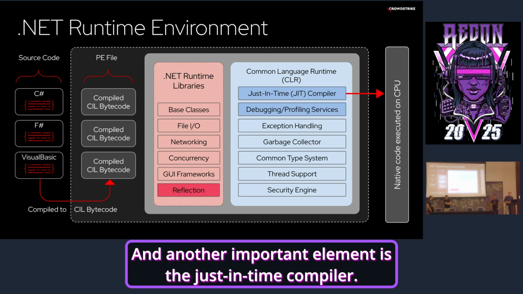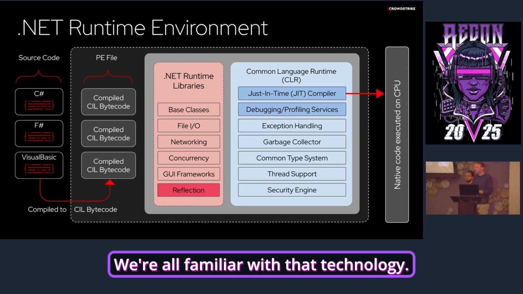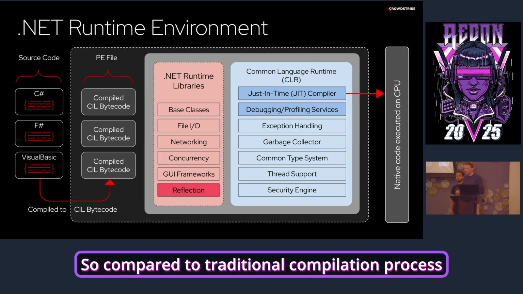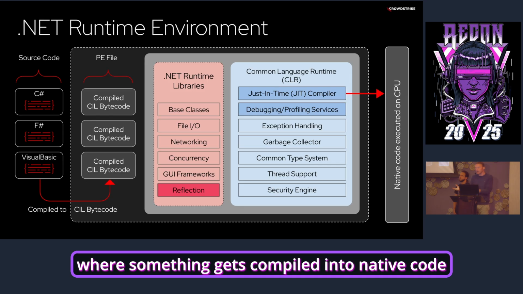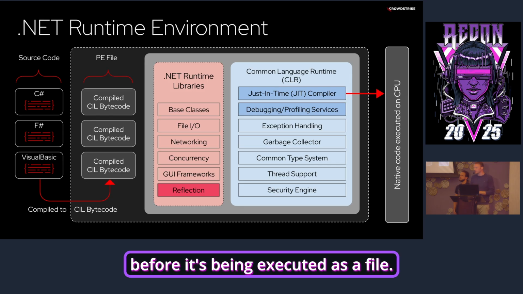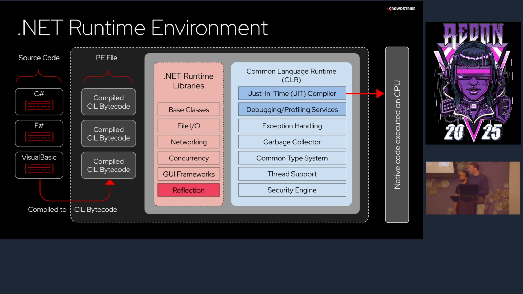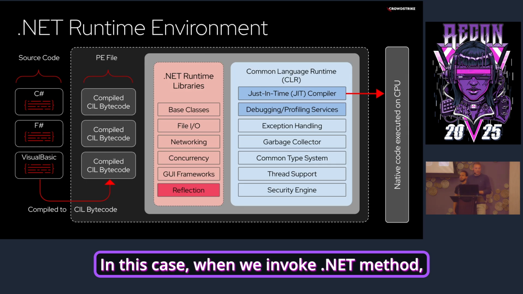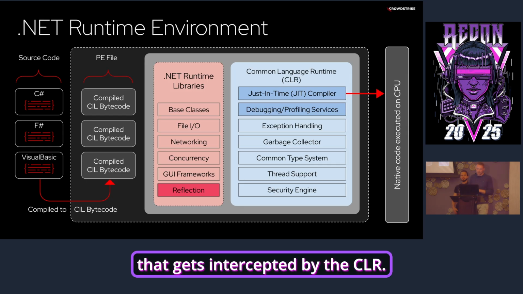And another important element is the just-in-time compiler. We're all familiar with that technology. So compared to the traditional compilation process where something gets compiled into native code before it's being executed as a file, in this case, when we invoke a .NET method, that gets intercepted by the CLR.